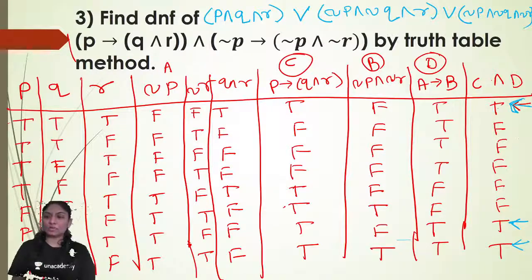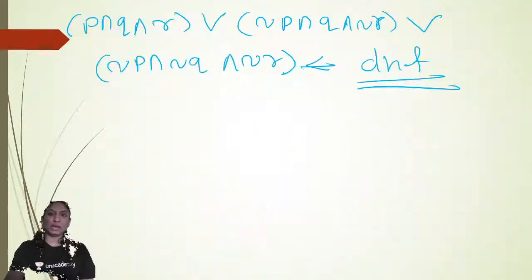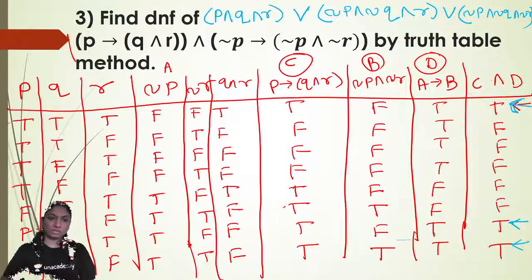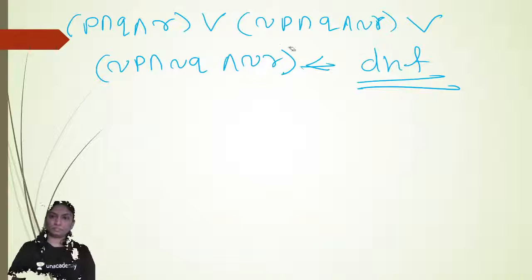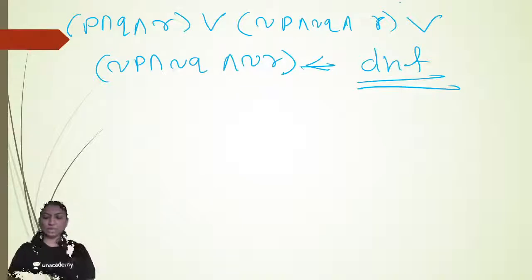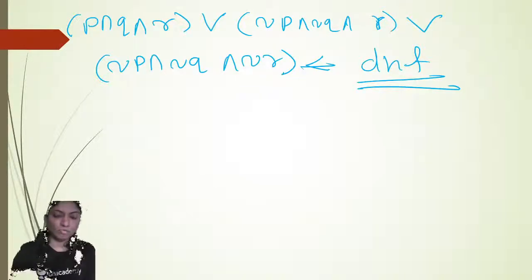So we will see the corresponding truth values and write down the corresponding values of PQR and combine these values with the help of AND. And again, the next T you can join with OR and the corresponding truth values. Again T, right? Here negation of P and Q and R. Here is negation of Q. Negation of Q and R. Okay, so this is your DNF with the help of truth table.